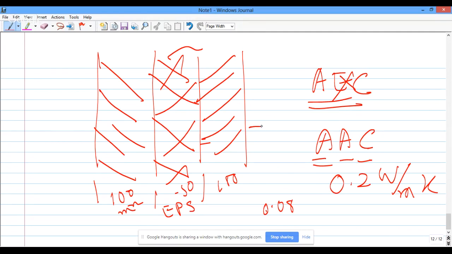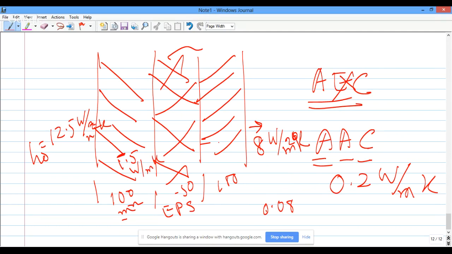Arbitrarily I'm taking these, and I have a surface conductance given here, 8 watt per meter square Kelvin, and on this side 12.5. So H naught is 12.5 watt per meter square Kelvin, and the thermal conductivity of concrete, let us say, is 1.5 watt per meter Kelvin, both sides.